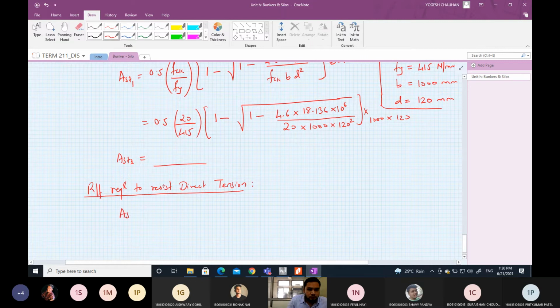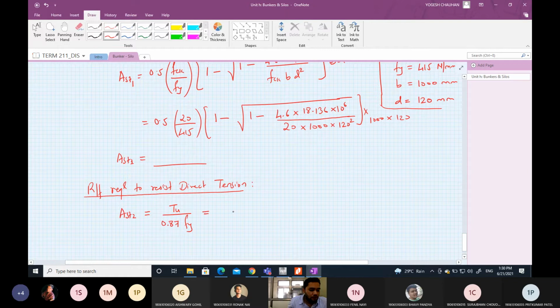Then AST2, which is the reinforcement required to resist the direct tension, will be TU divided by 0.87 Fy, because the concrete will not take any tension. We'll assume that all the tension will be taken by the steel. So TU is the design tensile force, and 0.87 Fy is the design tensile stress.